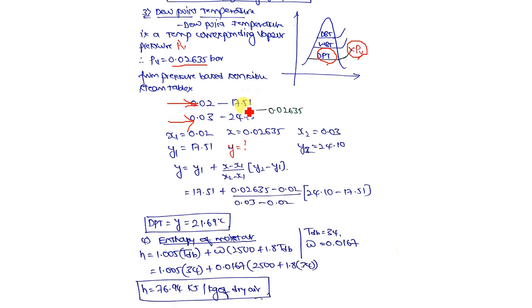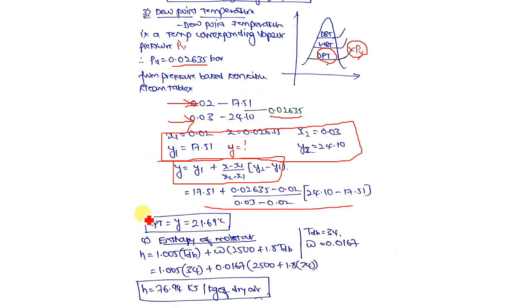So your value of 0.02635 comes in between 0.02 and 0.03. Again, use the same interpolation method. Use this particular formula, substitute the things, and you will get the value of DPT as 29.67 degrees centigrade.